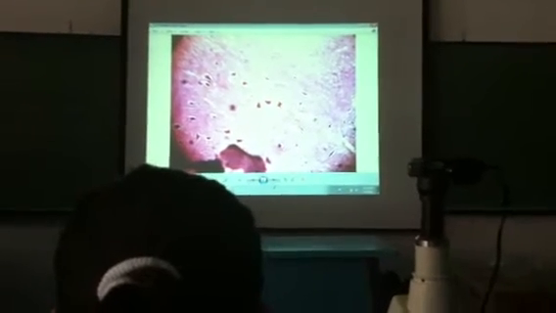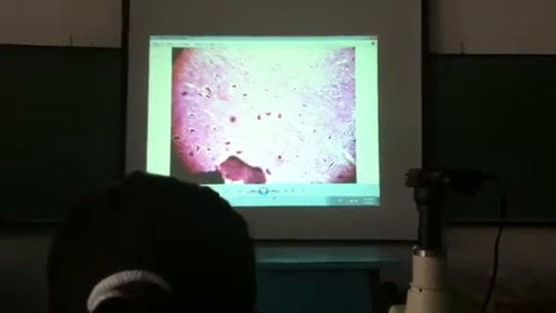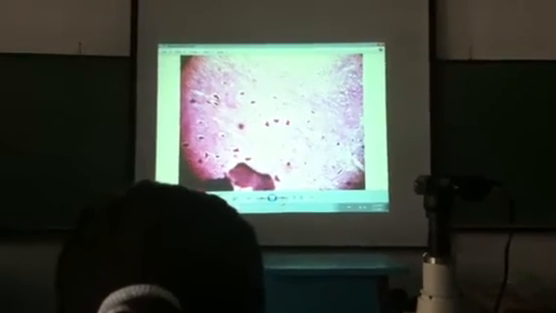Choose one that is representative of a neuron. You will notice that the neuron is stellate in shape, has numerous cytoplasmic processes. The small cytoplasmic processes are dendrites, and the long cytoplasmic process is an axon.